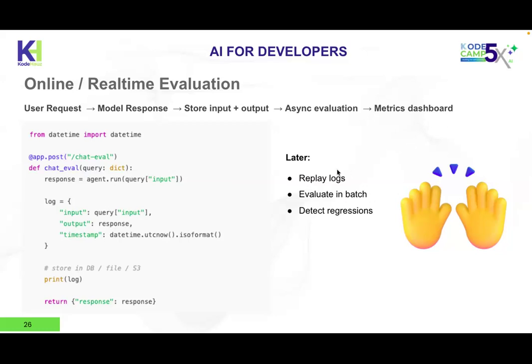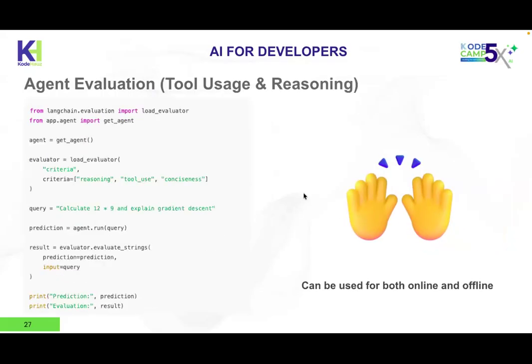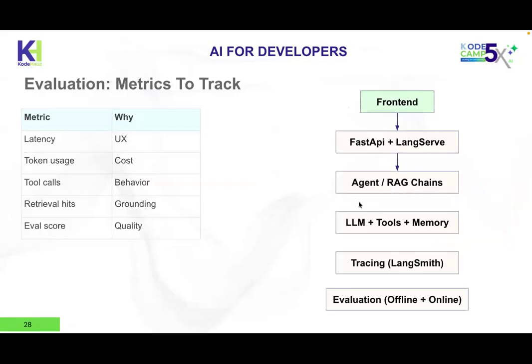So of course, the logs themselves also provide you information, which you can take the response, for example, to check how close it is to what is expected, and so on. Then we will use one of the approaches, the agent evaluation, which is we are looking at tool usage and so on. So these are the examples.